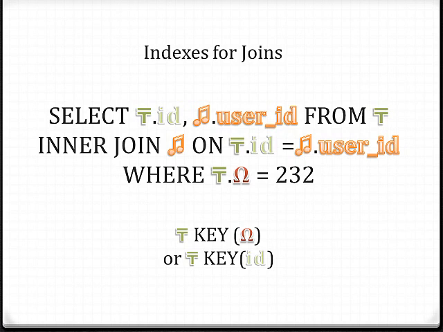We have indexes for joins, so select T table ID, user sign, user ID. You have like the omega sign for the T table, and you have the ID sign. This is ID, and you see that ID is what the table is joined on. So TID and that table user ID, that's what they join on, and then you have another where to do a filter on.